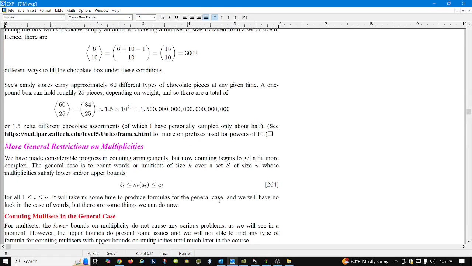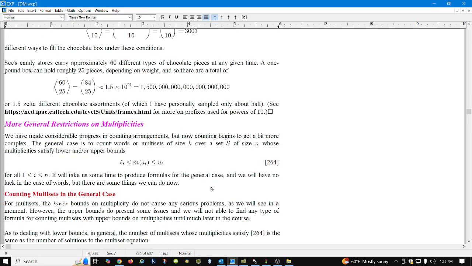But things are going to get a little bit more complex now. The general case is to count words or multisets of size k over a set of size n whose multiplicities must satisfy both lower and upper bounds. So it looks like this.